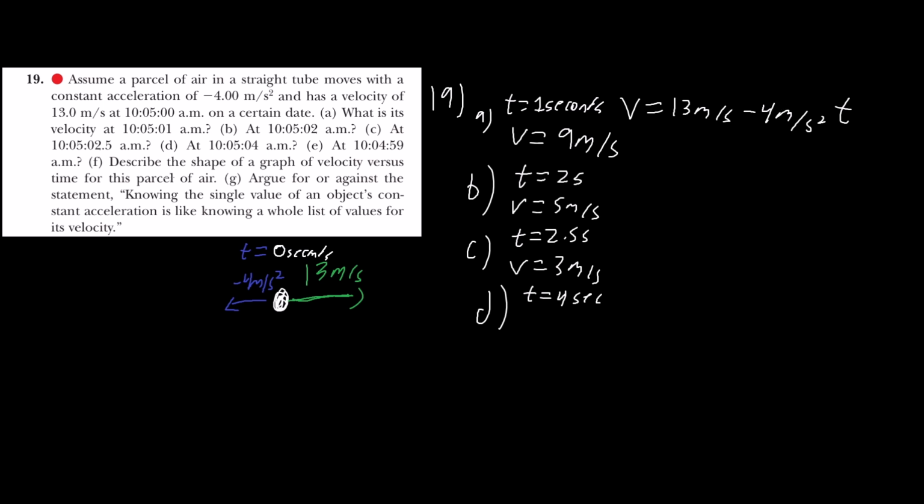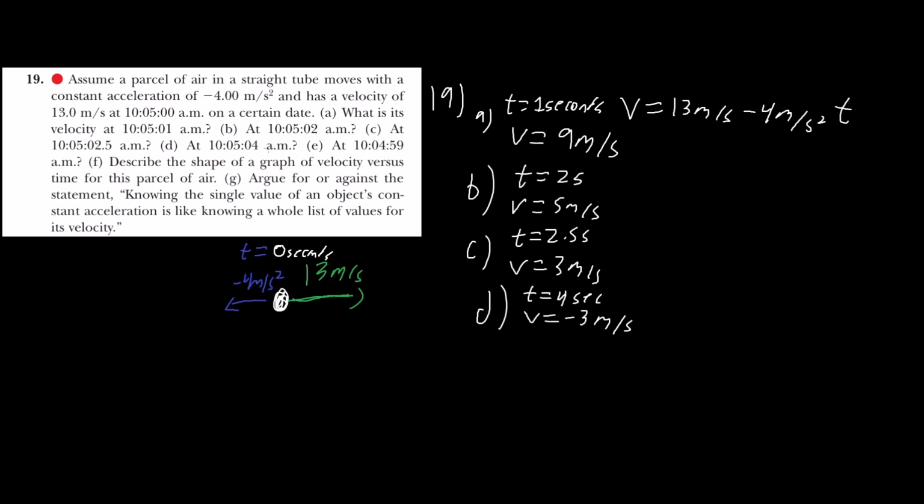But at 4 seconds, this object is going to change its position positively, then slow down right between 3 and 4 seconds, and then go in the opposite direction. So at 4 seconds, that would be 13 minus 16, a negative component of 3 meters per second.